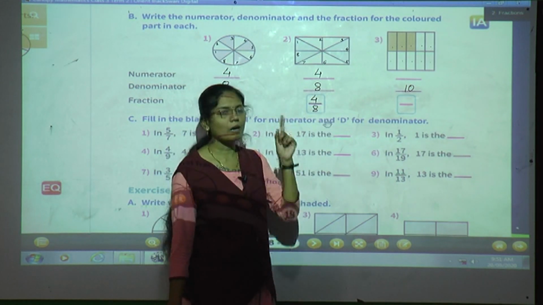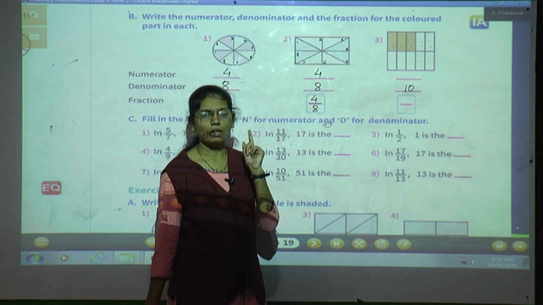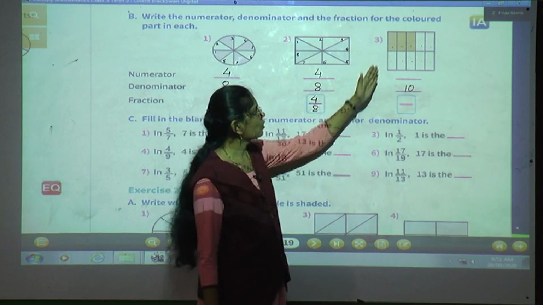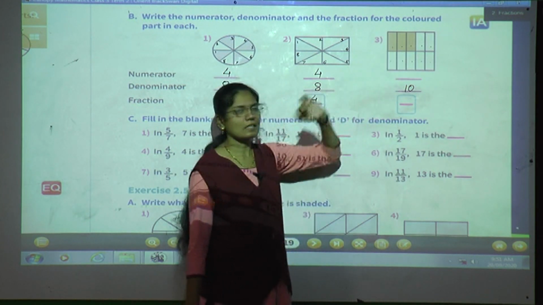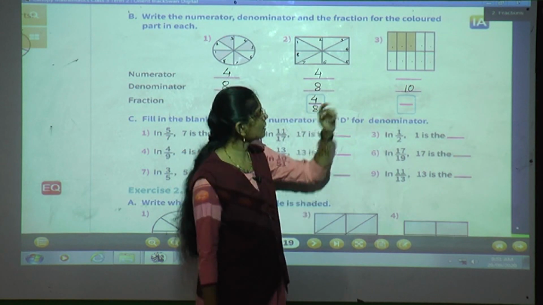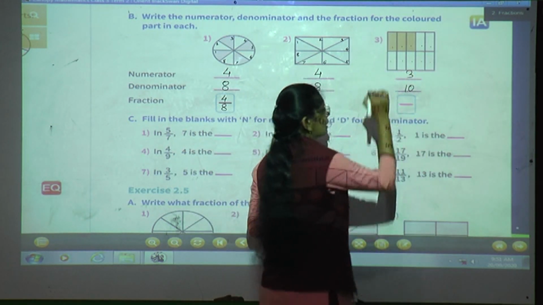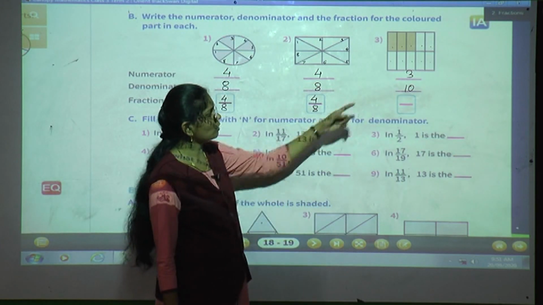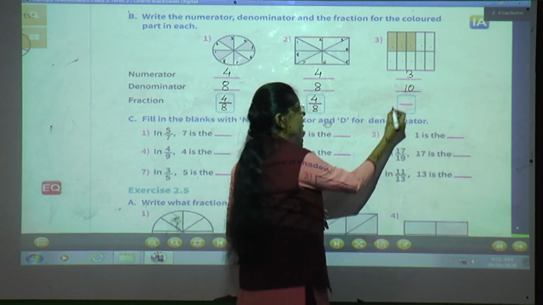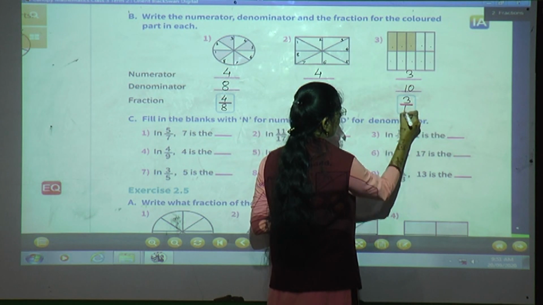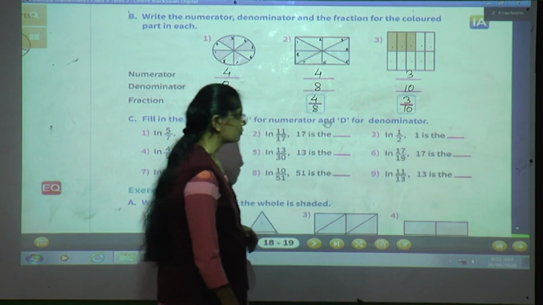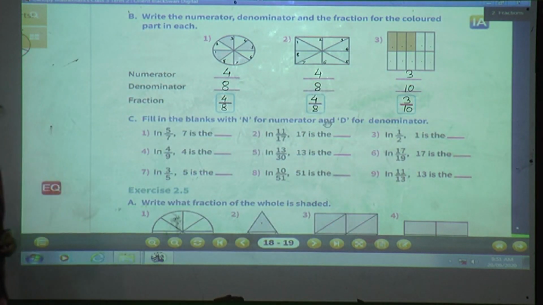Now we'll count how many parts are shaded. 3 parts are shaded, 1, 2, 3. So here we'll write 3. Now write the fraction: 3 upon 10. Read this fraction, 3 by 10. Clear?